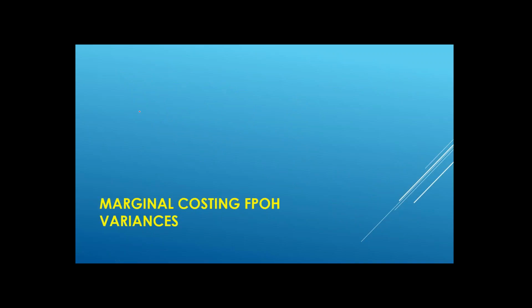For materials, we will have usage and price. For labor, we will have efficiency, rate, and idle time. For variable overheads, we will have efficiency and expenditure. But on the fixed overheads, only one variance, the expenditure variance.